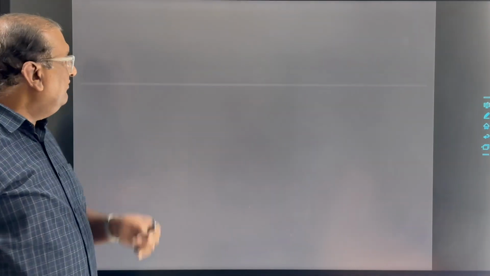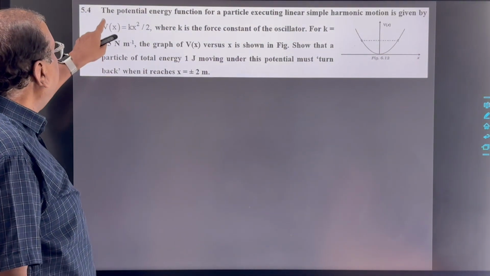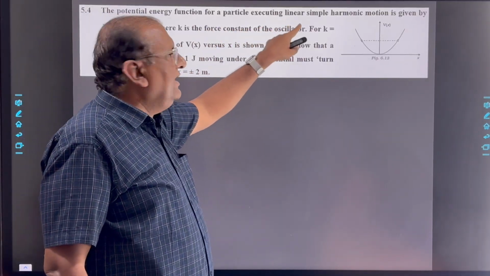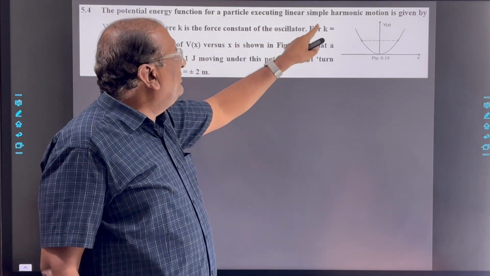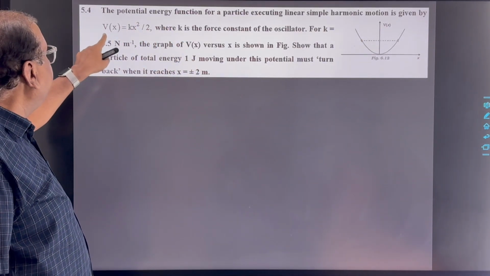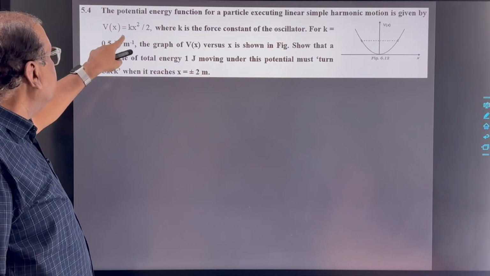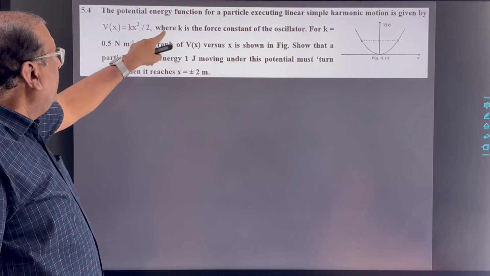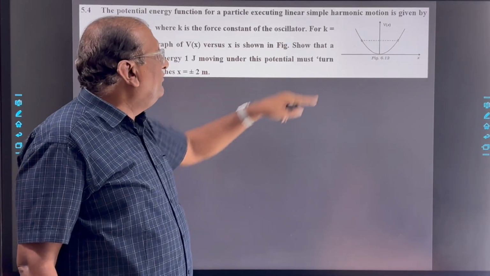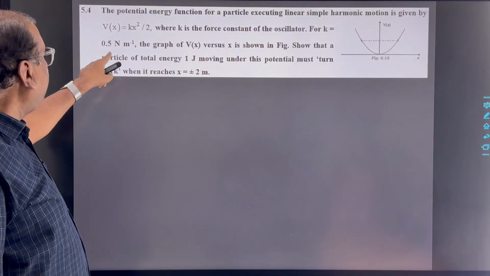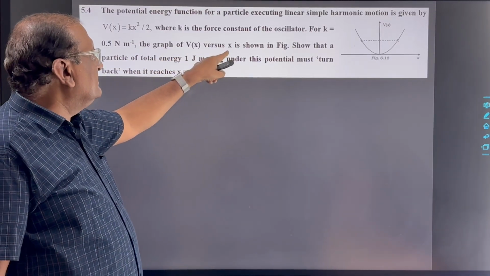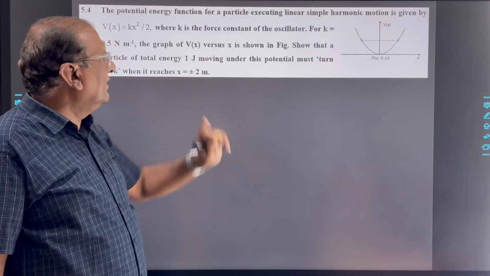Now example 5.4. The potential energy function for a particle executing linear simple harmonic motion is given by V of x equal to half k x square, where k is the force constant of the oscillator. For k equal to 0.5 Newton per meter, the graph of V(x) versus x is shown in the figure.